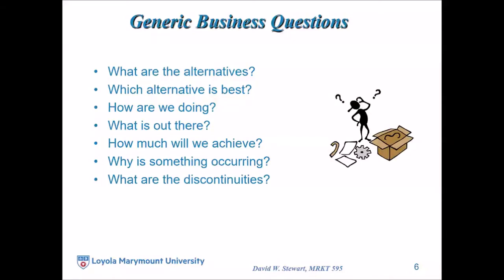And then there's a question, also diagnostic, but it really revolves around what are the discontinuities? And by discontinuity, I mean what are the things that might occur that could radically alter the environment, that could radically alter the marketplace, that could change the way customers do business or change their needs or wants. That could be technology.